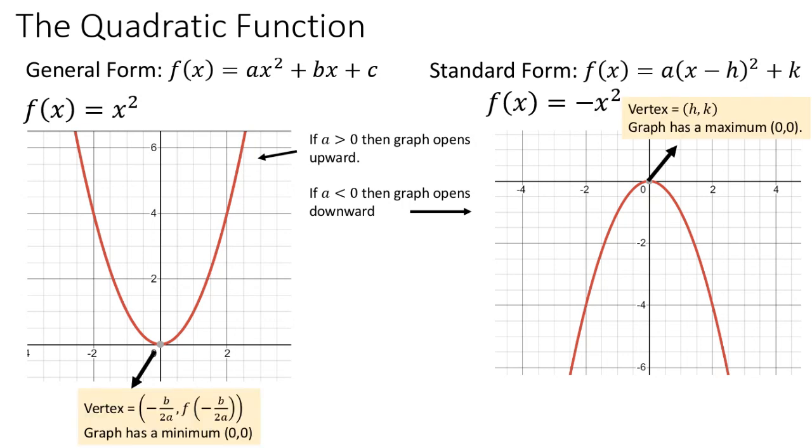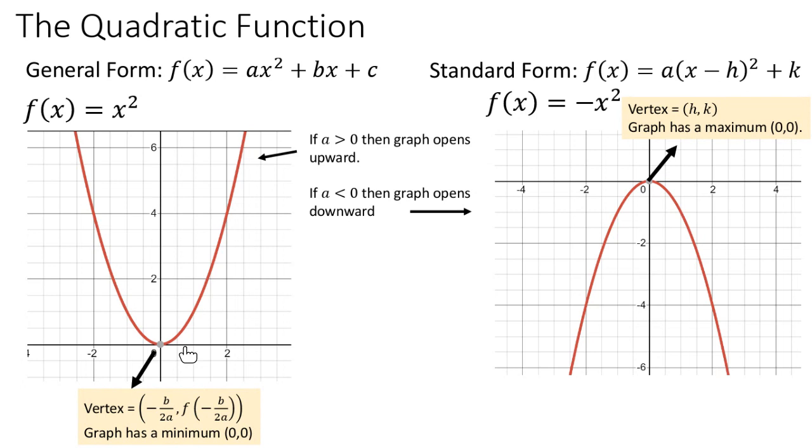All right, now, some more specifics on our parabola, okay? On our parabola here, the point where it changes direction, right? It was a decreasing function, and then it starts increasing. The point here is called our vertex, okay? Now, the vertex on our parent function is the origin, 0, 0, okay?